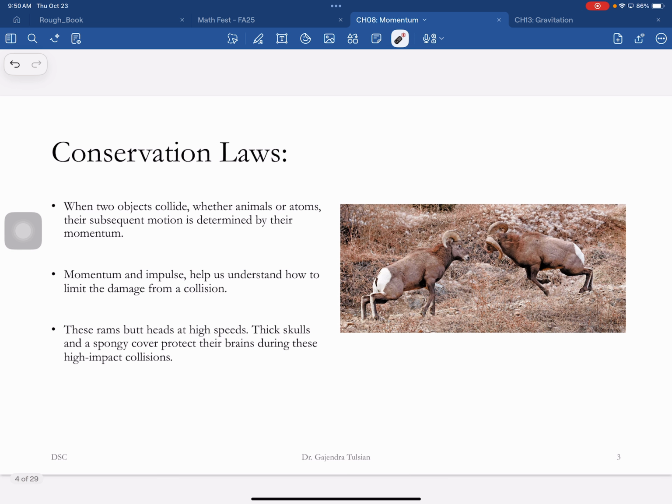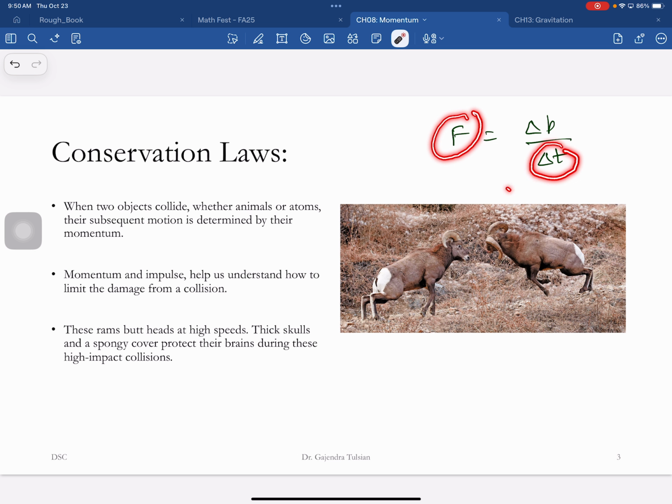Here are two bighorn sheep head-butting. And they don't get concussions. They go at it at full speed. They hit hard. You hear the noise, and they're not wearing helmets, and they're not getting concussions. So what's going on? Again, we're using this fact: to not get concussions, you want to minimize the forces, so you have to somehow increase the stopping time.